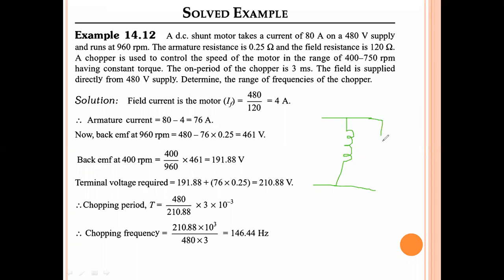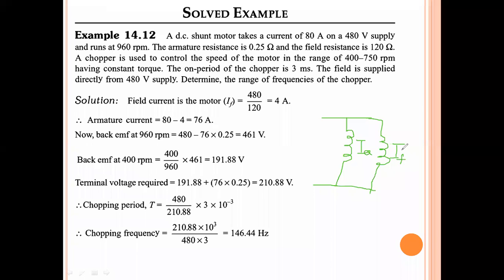Generally the field and the armature windings are connected in parallel. Suppose this is the armature, so the current in that will be the armature current, and this is the shunt or separately excited field, which is connected in parallel.